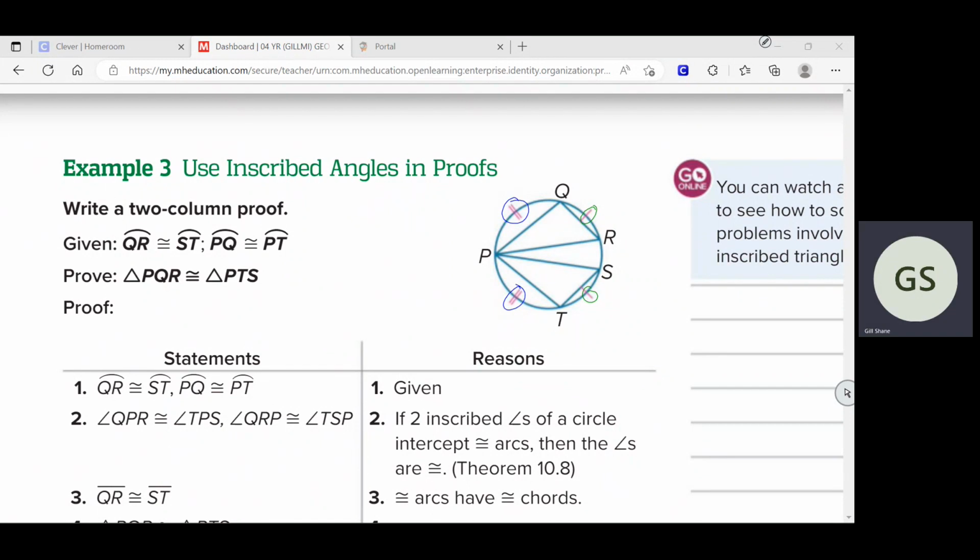What's the word for it? What's the name of it? So what is the line that goes across the circle between the 2 points?